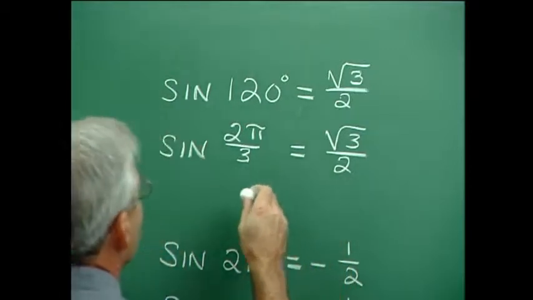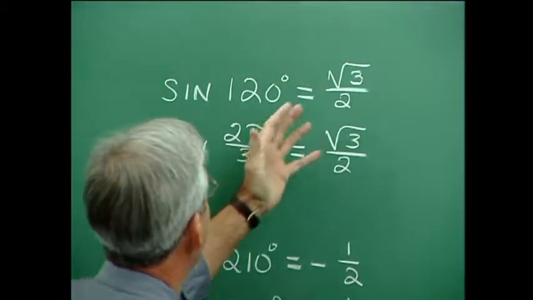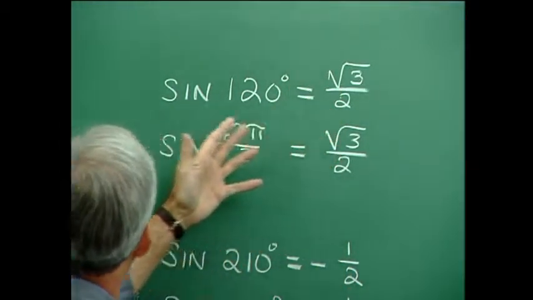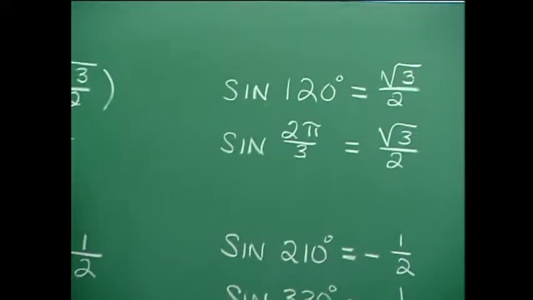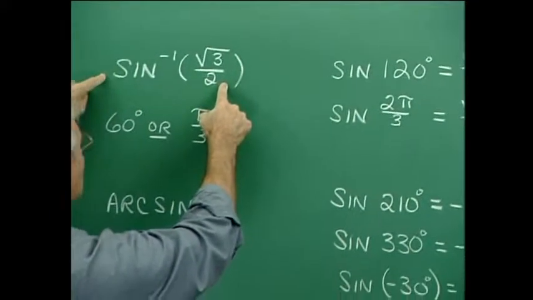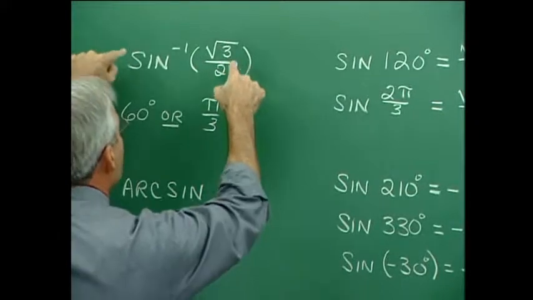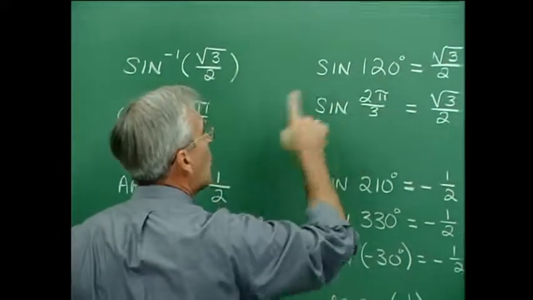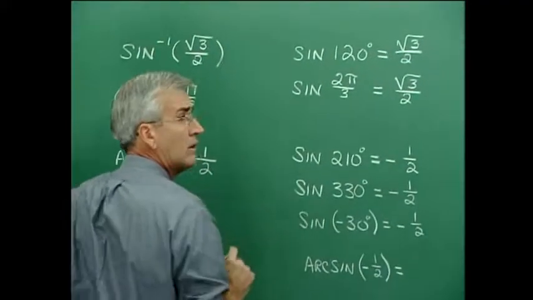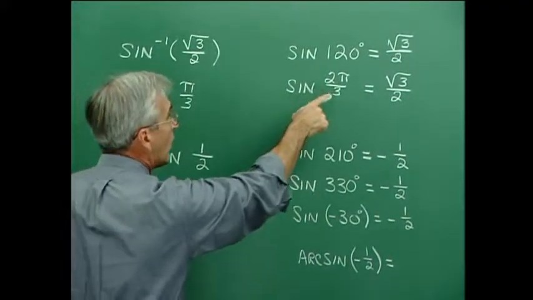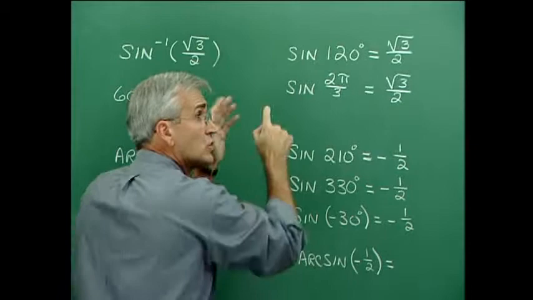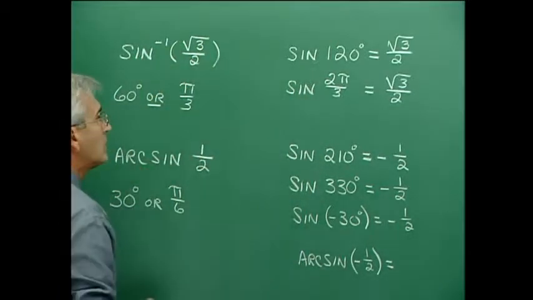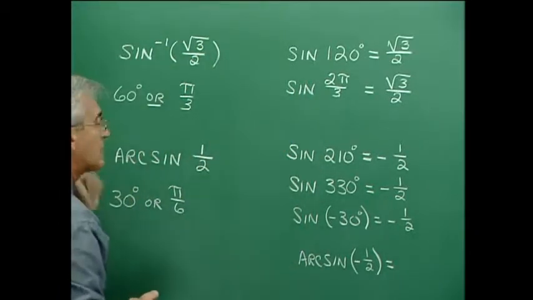Now, you see, we have the square root of 3 over 2 here, but when we took the inverse sine of the square root of 3 over 2, we're looking for the angle whose sine is the square root of 3 over 2. Why didn't we name 120 degrees? Why didn't we name 2 pi over 3? You see, those also are angles and real numbers whose sine is the square root of 3 over 2. Why don't we name those? Why did we choose these?